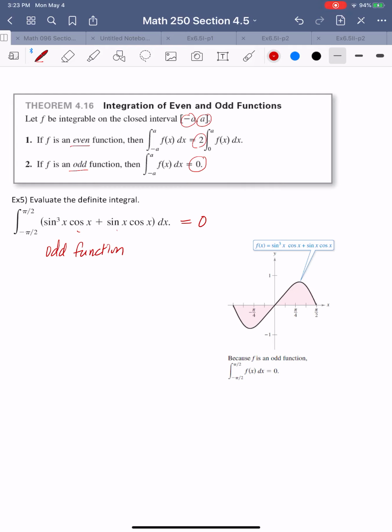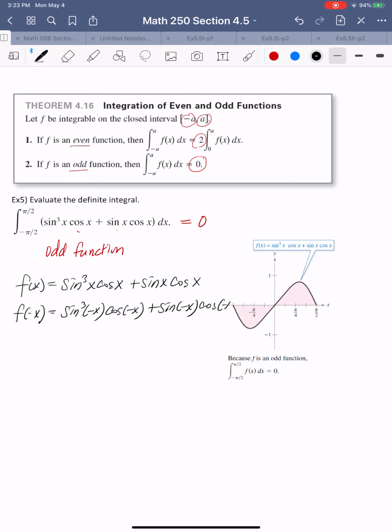But I want to check whether this function is odd or even. In order to find out, f of x is sine cubed x cosine x plus sine x cosine x. And f of negative x is sine cubed of negative x cosine of negative x plus sine of negative x cosine of negative x.